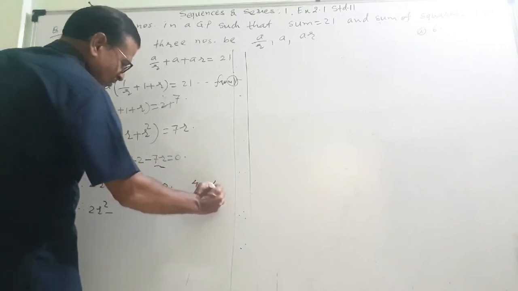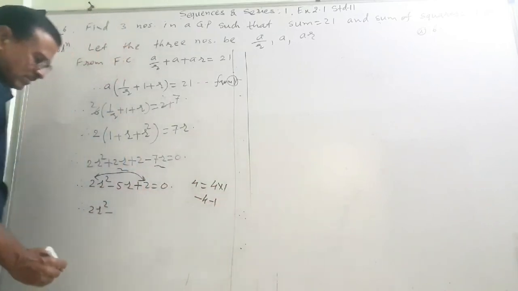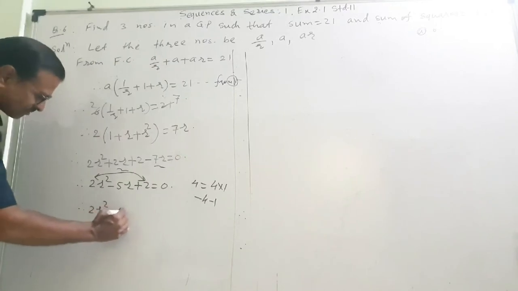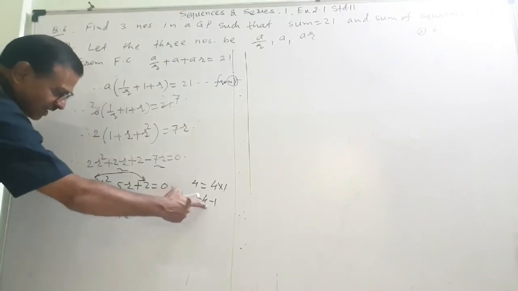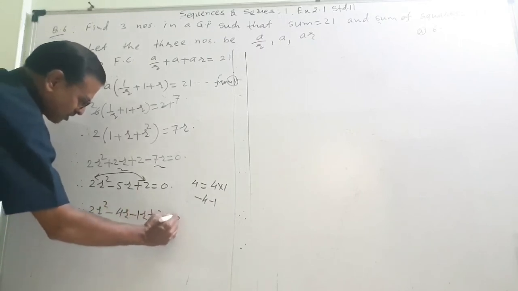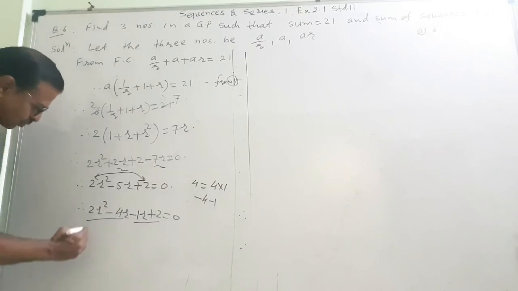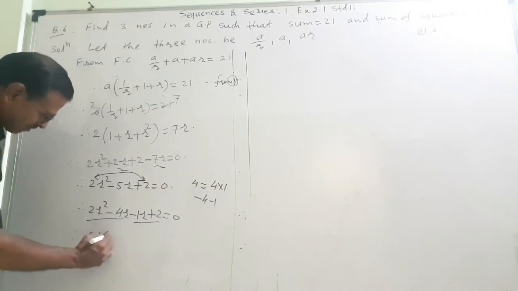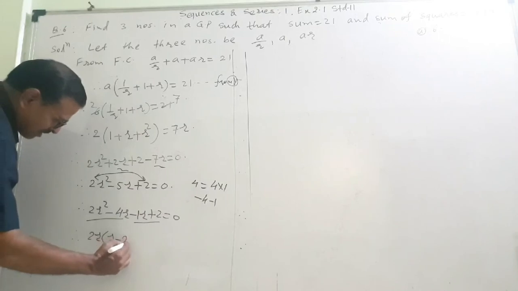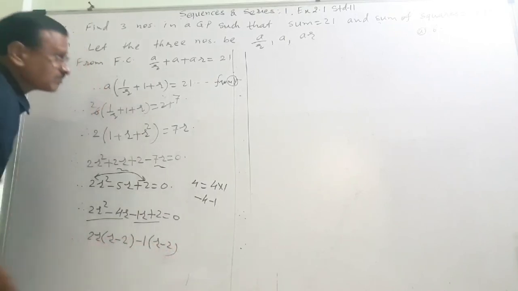So that is 4 and 1. Addition means I will have to give the same signs. So 2r square minus 4r minus 1r plus 2 is equal to 0. Make the two groups. Therefore, 2r is common. Here remains r minus 2, here remains minus 1 into r minus 2.